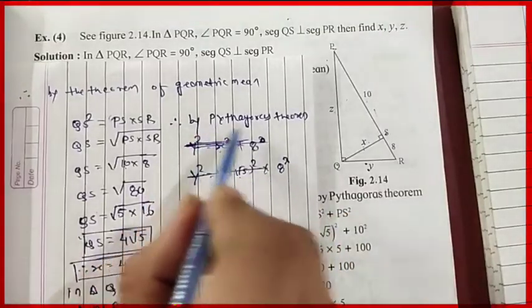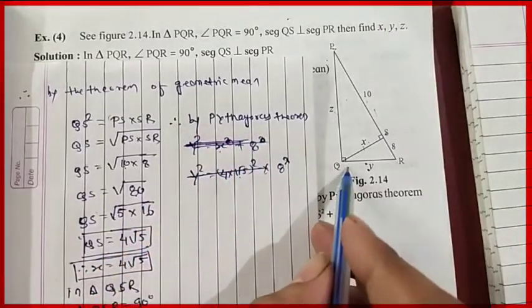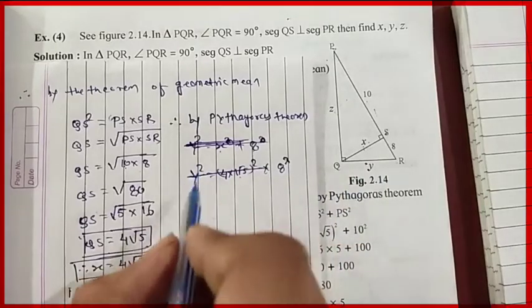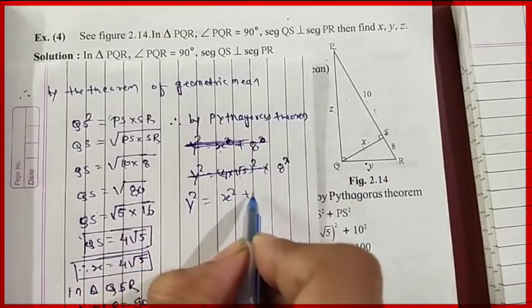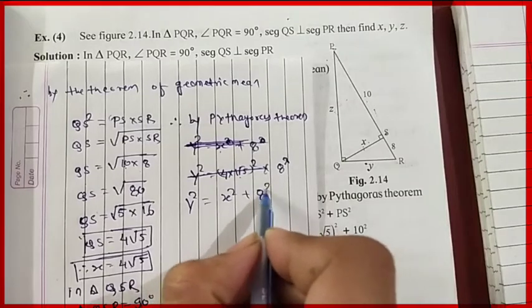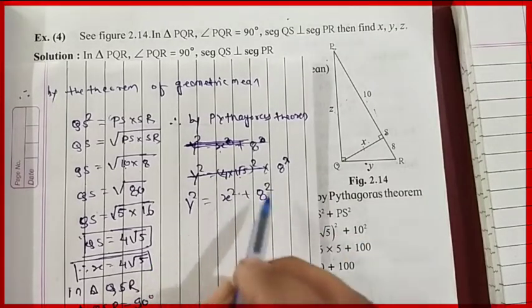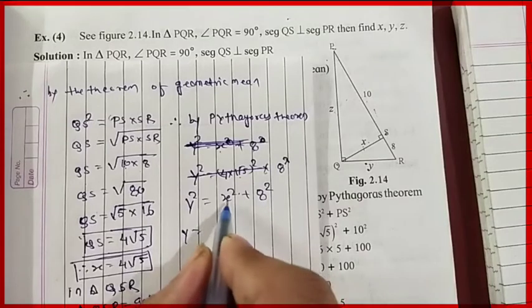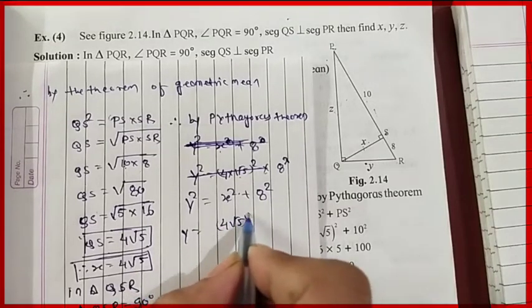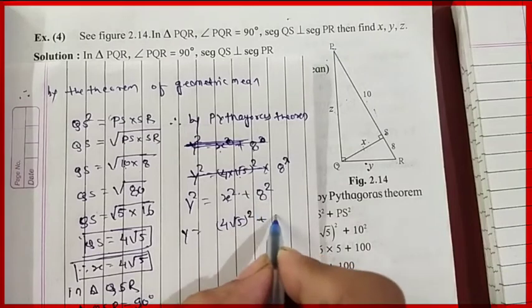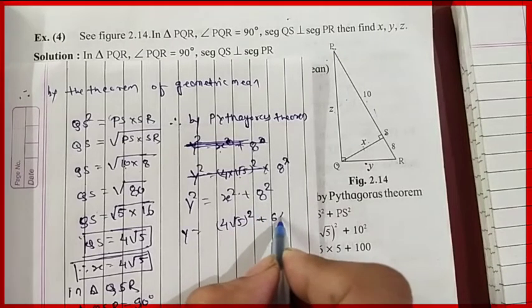Okay. So by Pythagoras theorem, we can write the square of QR, that is y square, equals x square plus 8 square. So what is x square? X is 4 root 5, so it will be its square plus 8 square, which is 64.